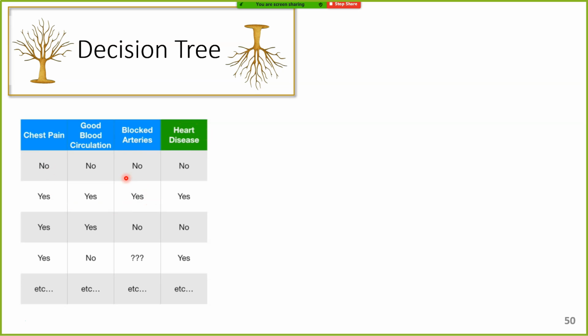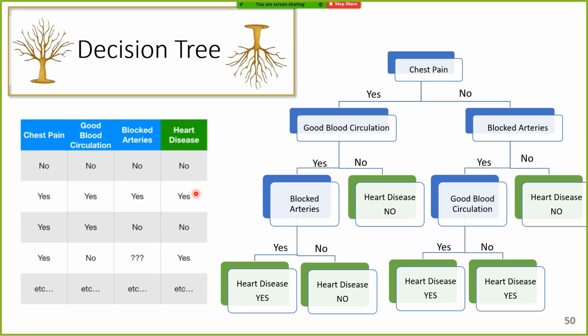So we want to make a certain kind of logical analysis, so that by looking at these features we can decide whether a new patient would have heart disease or not. So we can construct this kind of decision tree.